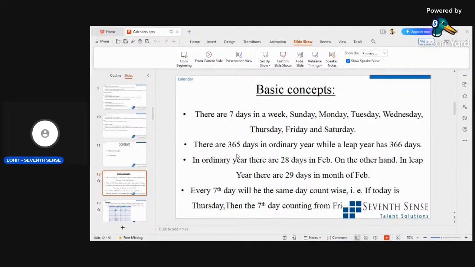That is the main benefit of logical reasoning, because you can easily solve the questions within seconds. But it doesn't mean you can solve the same way in quantitative topics. Quantitative topics need a little bit of time. For that reason, the logical part is important, and this calendar topic comes under logical reasoning.